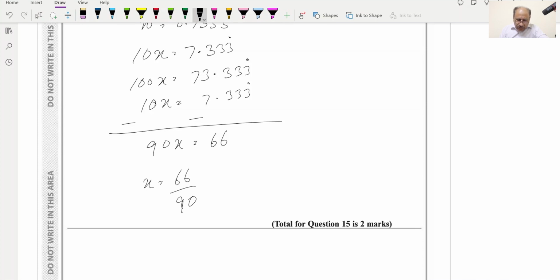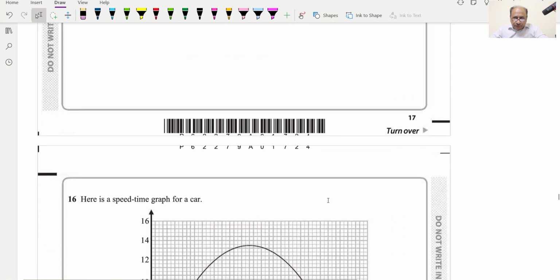We can cancel by 6, and this will be 11 over 15, which will be our final answer. So we have proved. This is a 2-mark question.